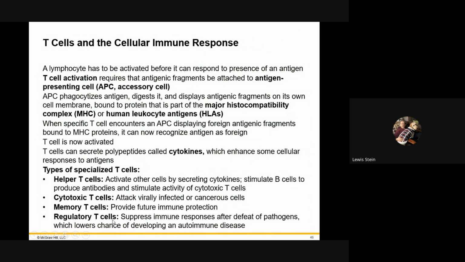And then these are regulatory cells. These are another one that are a big problem. We used to call them suppressor cells. The problem is, if they're not working effectively, this is a source of autoimmune diseases. It's not like antibodies. The cells that make antibodies stop making them after a period of time, and they don't last forever. They effectively have a lifespan, both the cells and the antibodies themselves in your system.